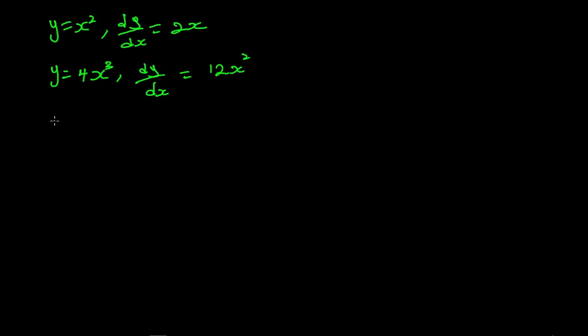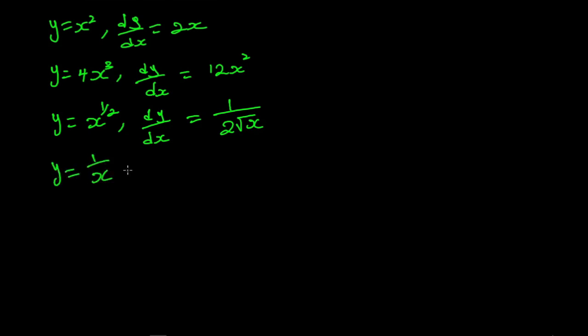In the third example, we have y equal to x raised to the power of 1 over 2, which is the same as square root of x, and the derivative of our function was 1 over 2 root x. In the last example we just did, we have y equal to 1 over x, and the derivative of our function was negative 1 over x squared.